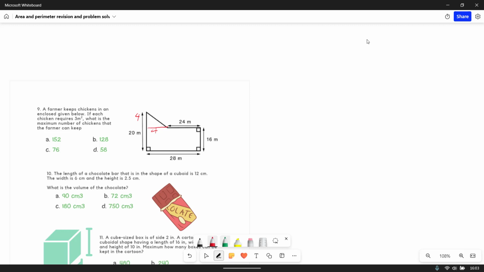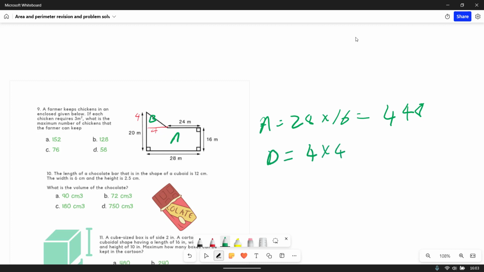Okay, let's label these A and B. So A is 28 times 16, which is 448. And B is 4 times 4 divided by 2. 16 divided by 2 is 8.